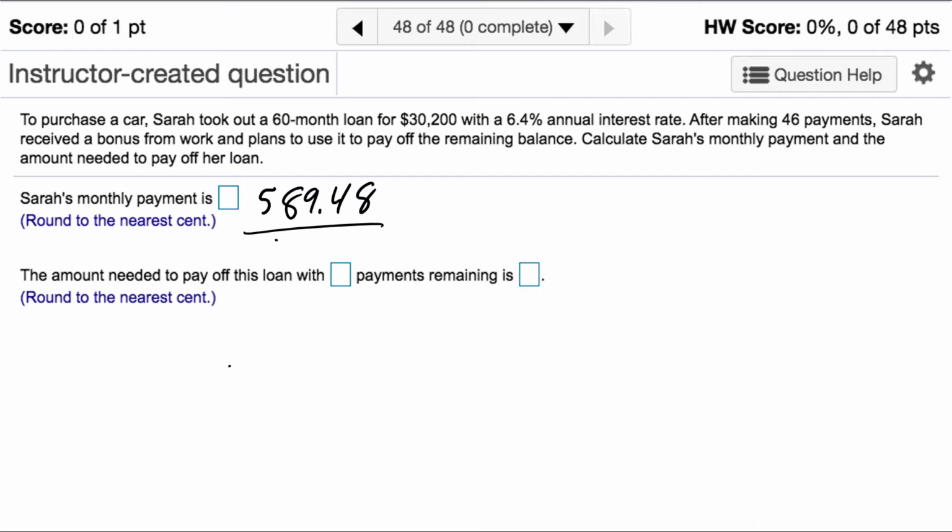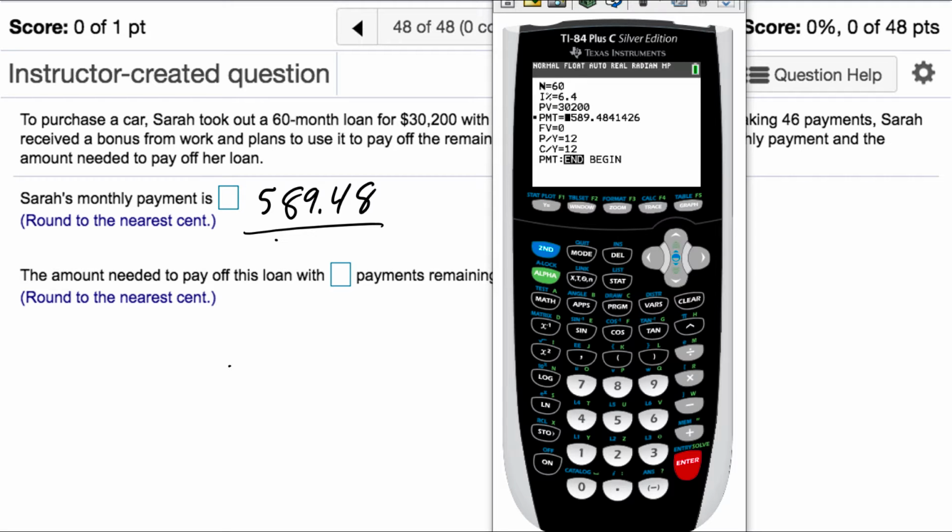Thankfully, we can do this in the Tvm Solver really easily. The way this works in the Tvm Solver with amortizing loans, the present value is how much you owe within payments left. So when Sarah has 60 payments left, she owes $30,200. If we change n, it changes the number of payments remaining and changes how much she owes.